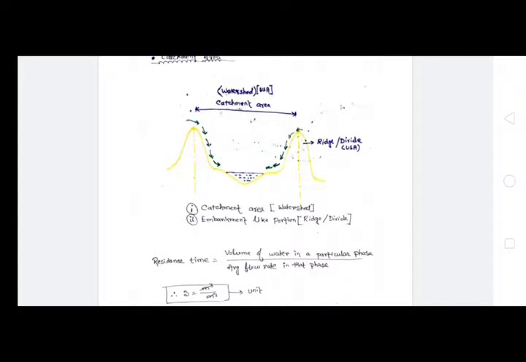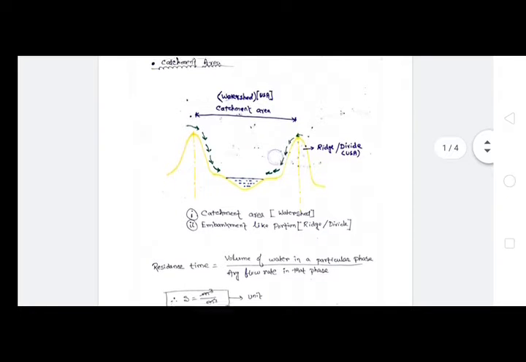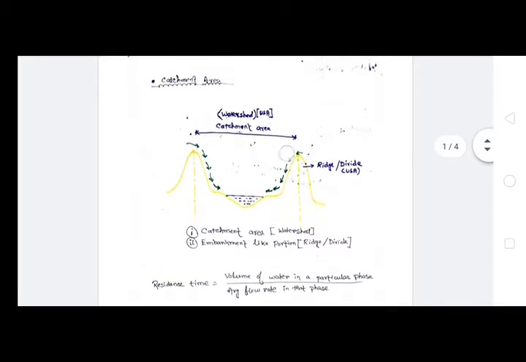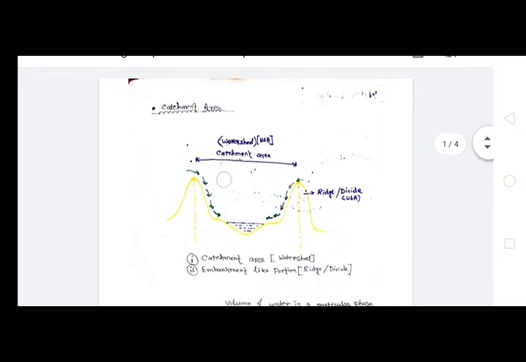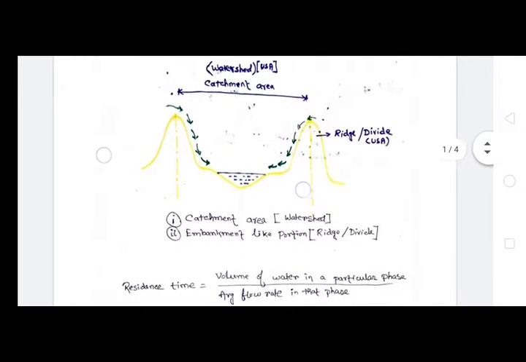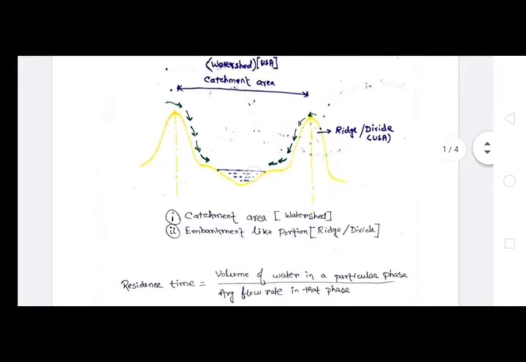So this whole portion, the runoff starting from both sides, which ultimately contributes to this water body, and the enclosed area is now called the catchment area.